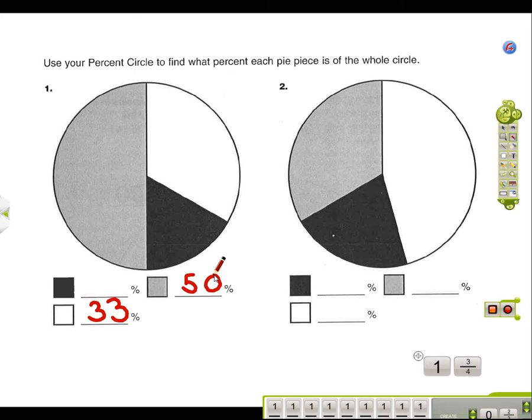Go ahead and write down 16. Okay, when you're done doing this, what should you do? 33 plus 16 is 99. So what would be a better estimate for that 16? 17.